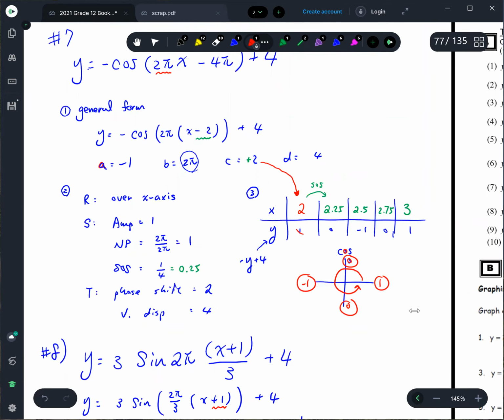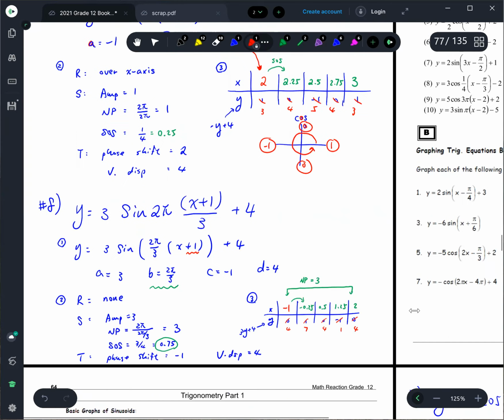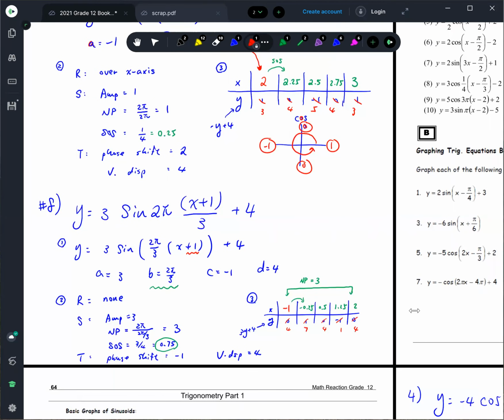Okay, number 7. After we plug it in, it should be 3, 4, 5, 4, 3. Right. And for this one, number 8, 4, 7, 4, 1, 4. Yeah. Okay.